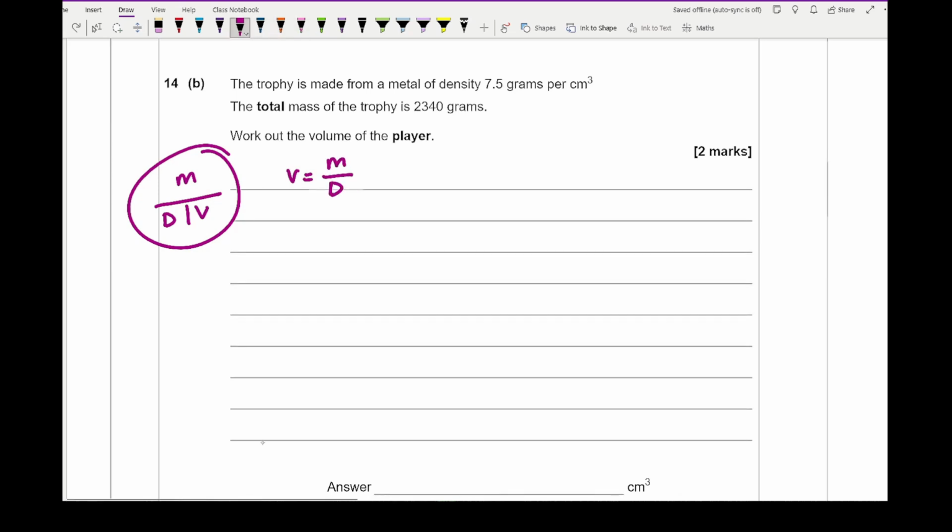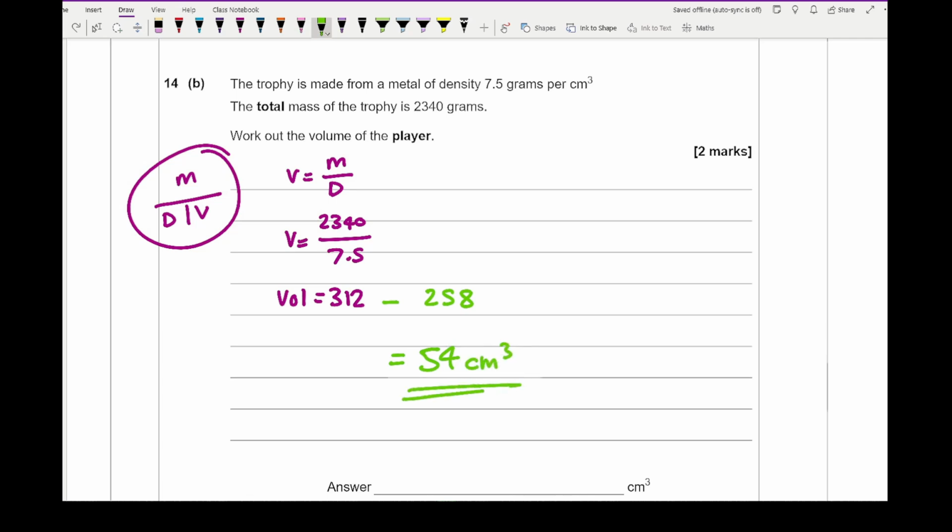So to work out the volume, it's going to be 2,340 divided by the density, which is 7.5. So the volume is going to be equal to 312. Now from this, what we then need to do is subtract the stand, which is 258, and that gives me an answer of 54, and that's going to be centimetres cubed. And there we go.